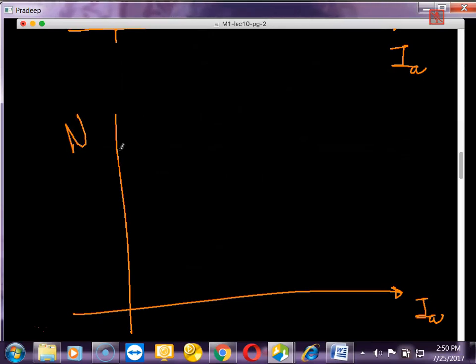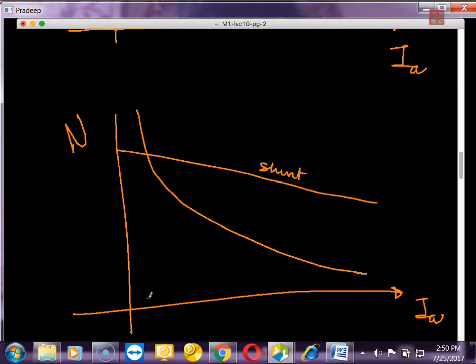Now you know that speed is drooping in the case of a shunt motor. It's almost constant, slightly varying. And what is the characteristic of a DC series motor? Series motor characteristic is like this. At low values of IA, dangerously high speed, and then the speed falls.